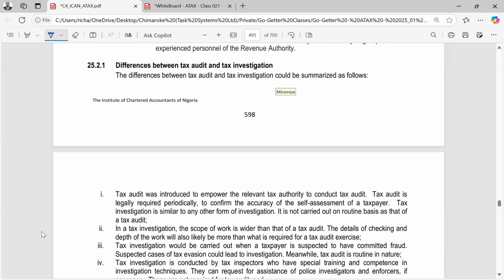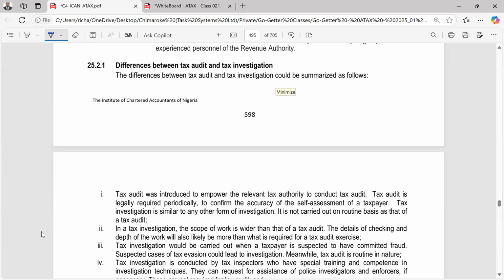Now, tax investigation is not something that is done periodically. It is only done when there is a recommendation, when there is a need, when they are being referred to, when they smell criminal acts or fraudulent acts.